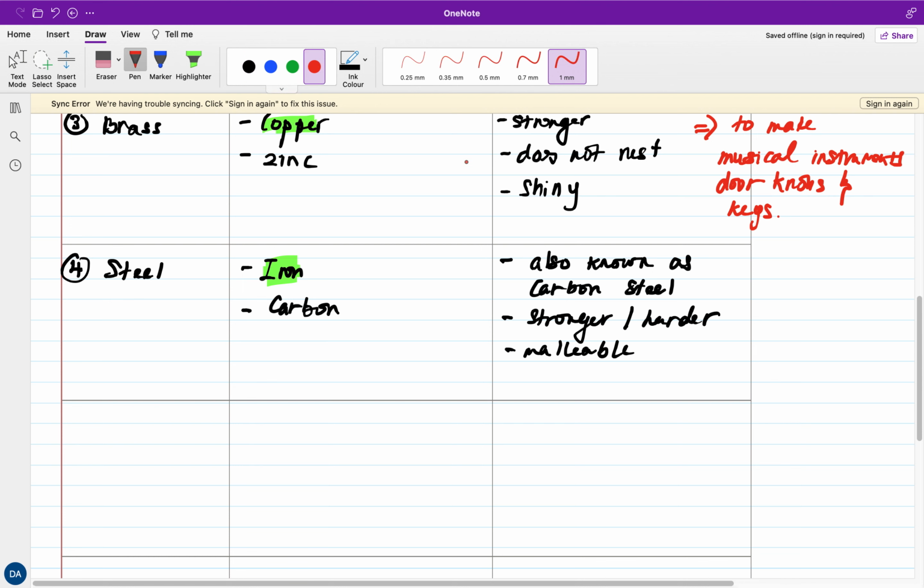Normally the main uses for steel will be structure of buildings, railway tracks, and body of cars.